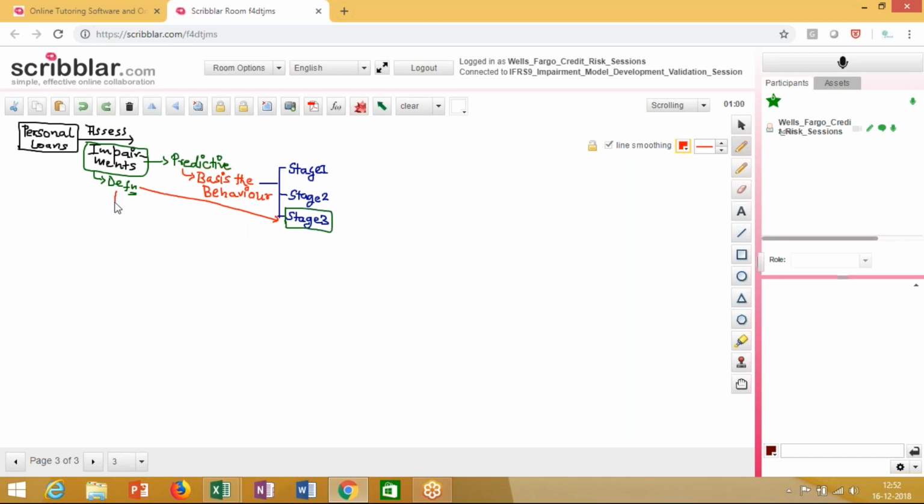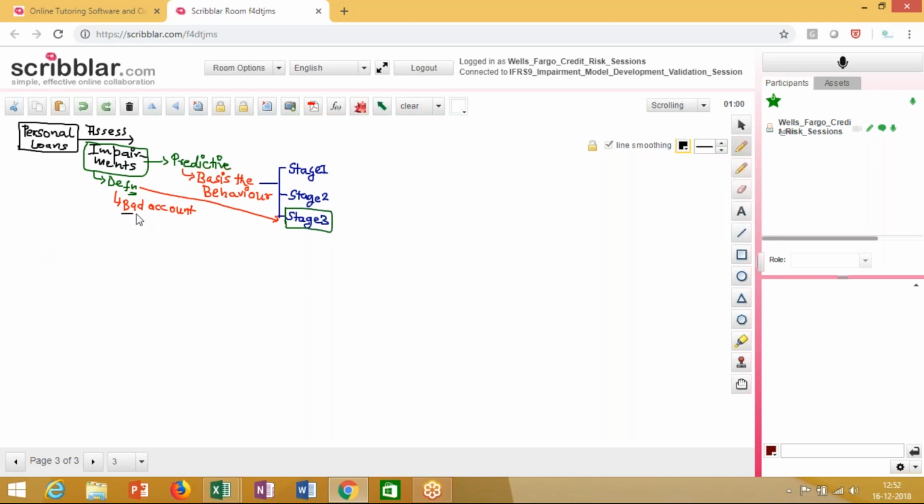And we generally say that an account is impaired when the account is a bad account. That is an account which has satisfied the bad definition.